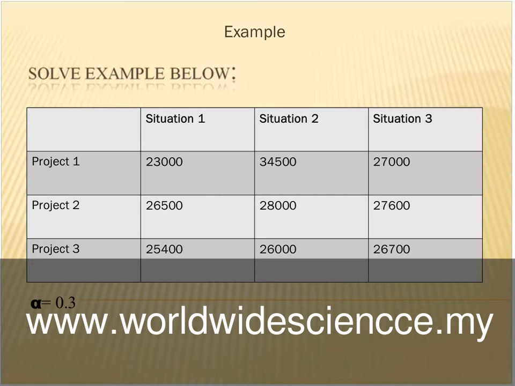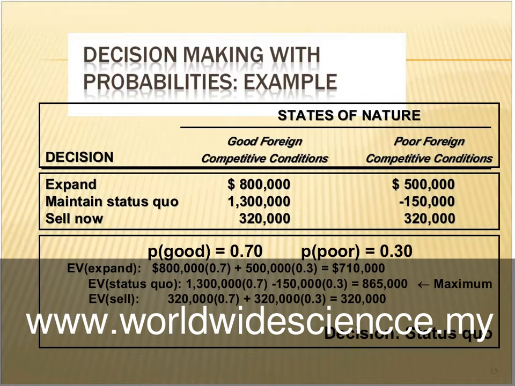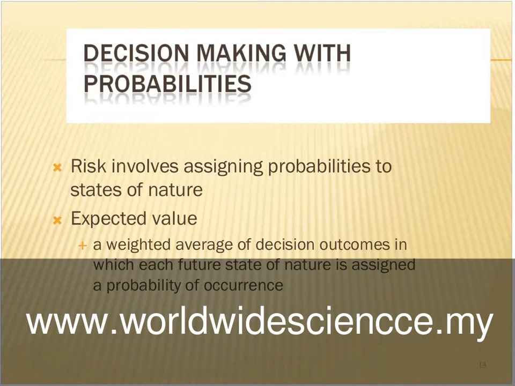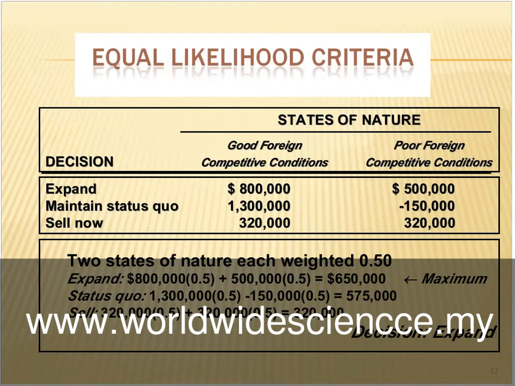In equal likelihood, if you remember, we also have alpha, but the alpha should be calculated by yourself. How many states of nature do we have here? We have two states of nature in this example.